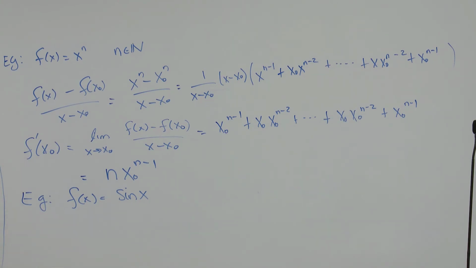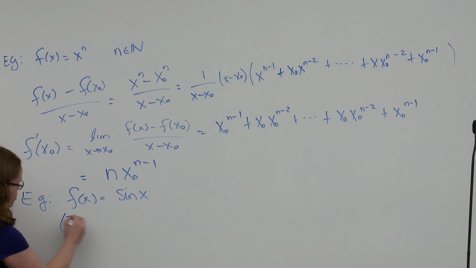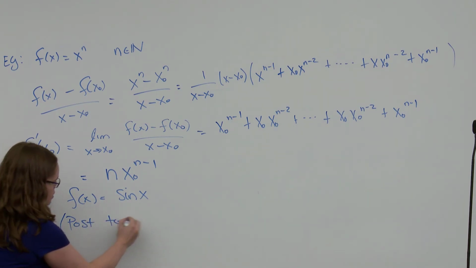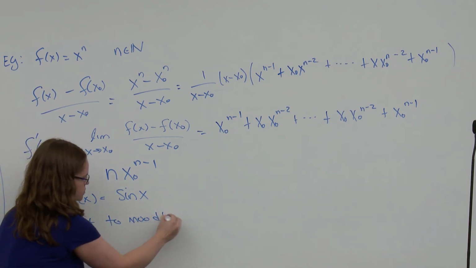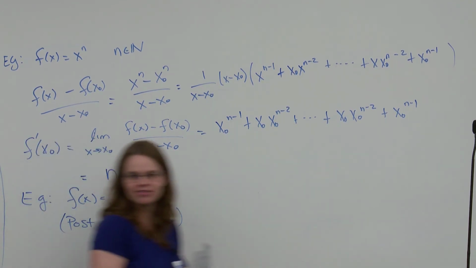You have to do a little bit more work, a little bit of geometry. But you can use this definition of a limit to actually come up with the derivative, which should be cosine of x. So this I will post to Moodle, because I think it's nice to see that these are actually calculations that can be done and have been done. And it wasn't just a lucky guess.